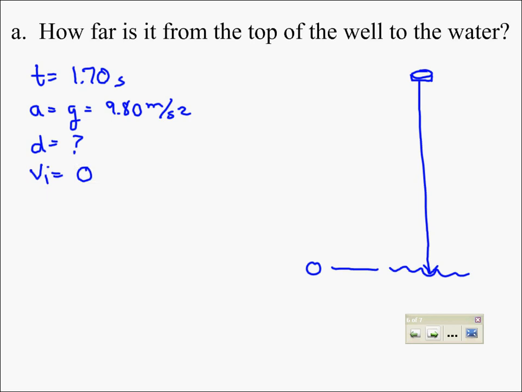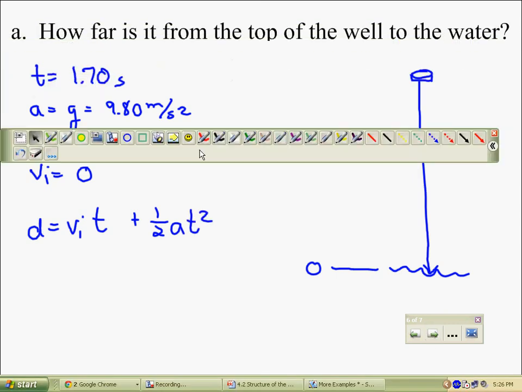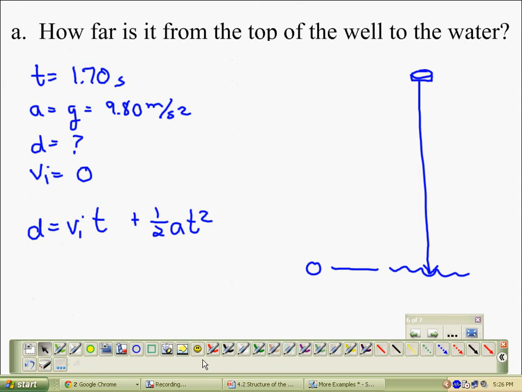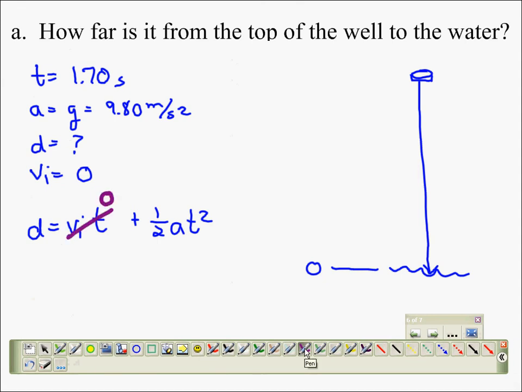So, thinking about my equations, I'm going to choose that one we just used, VIT plus 1/2 AT squared. My initial velocity is 0, so that's going to go away, and my D will equal 1/2 AT squared. So we're ready to put our numbers in.